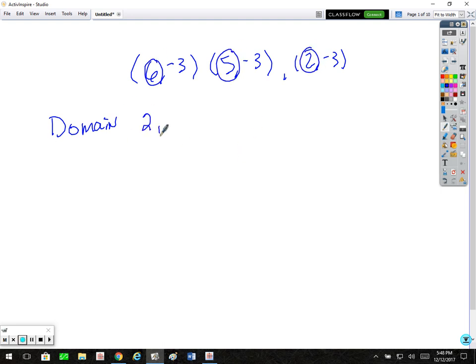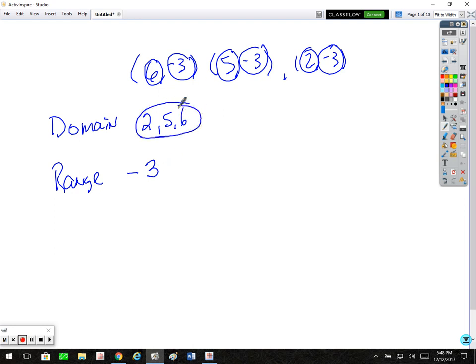In order, least to greatest: 2, 5, and 6. The range will be all of the y values. Well, here, if you look, they are all the same, -3. So I'm going to write that number one time. Even though I have three numbers in a row, all I'm really concerned with when I'm determining a function is that I'm looking at these three numbers.